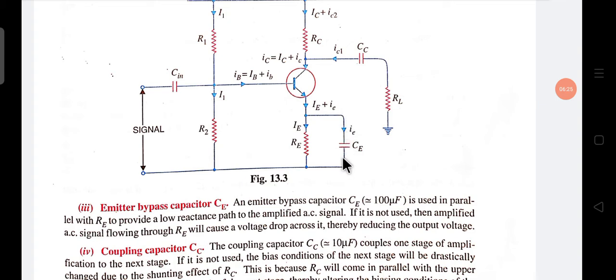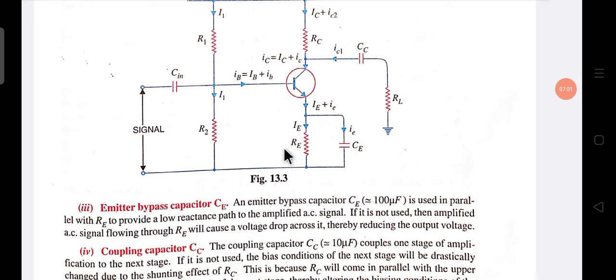IE is the amplified AC signal output, and if we didn't use this capacitor, the amplified AC signal flowing through RE would cause a voltage drop.